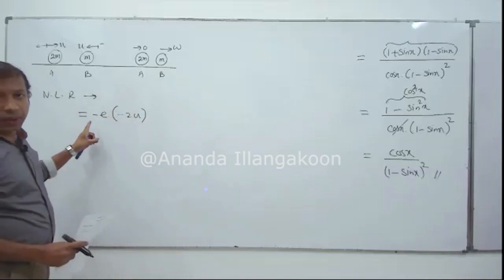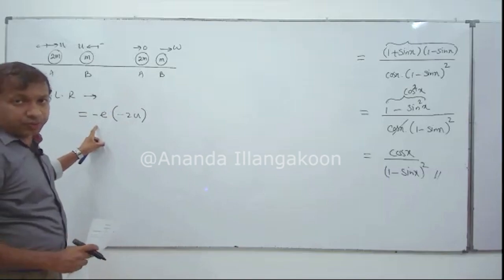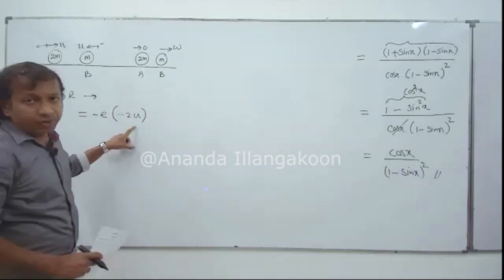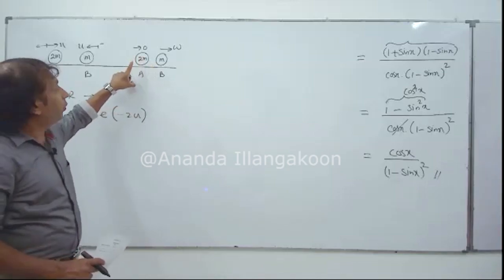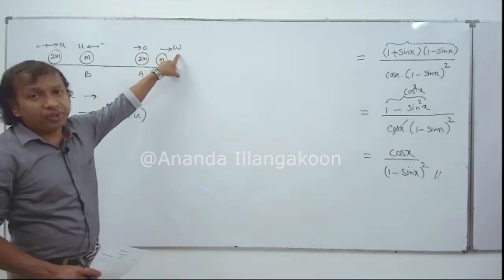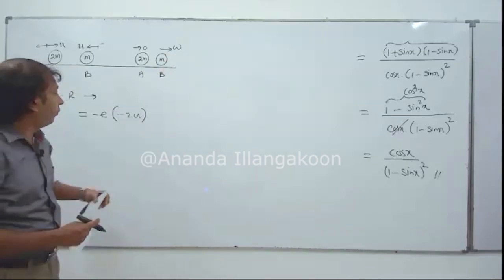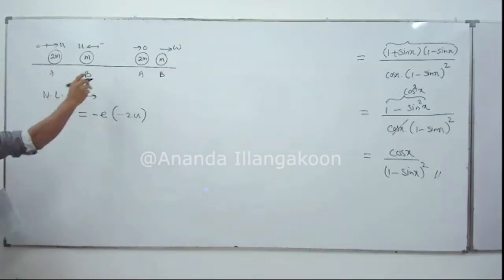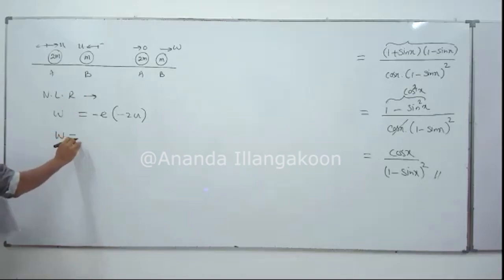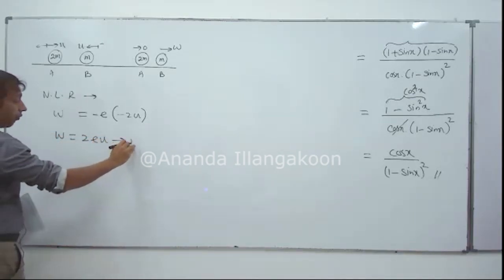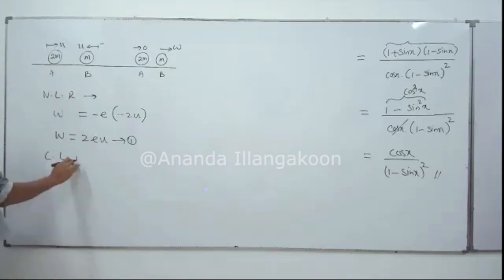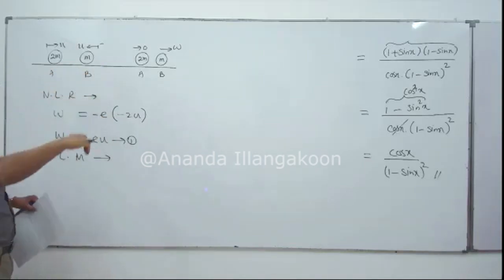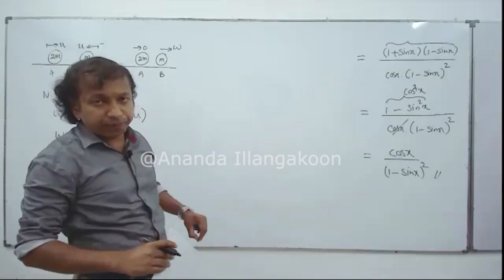That is one side of the Newton law of restitution equation: minus e times the relative velocity before impact. After the impact, we know A is at rest, so W is the relative velocity. In one equation we get W equals 2eu, number one. The second equation we apply is conservation of linear momentum, also rightward. Total momentum before impact is equal to total momentum after impact.